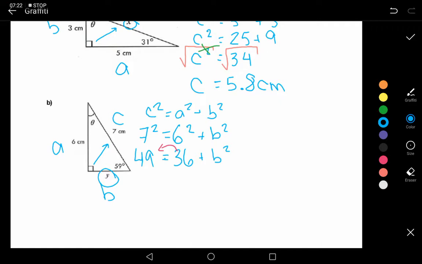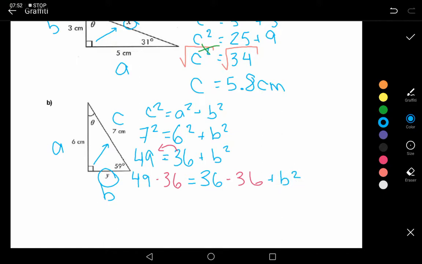Another way to look at this is, in order to get rid of it from the right-hand side here, I have a positive 36. Well, the opposite operation of positive 36 would be to subtract 36. So 36 minus 36 plus b squared.